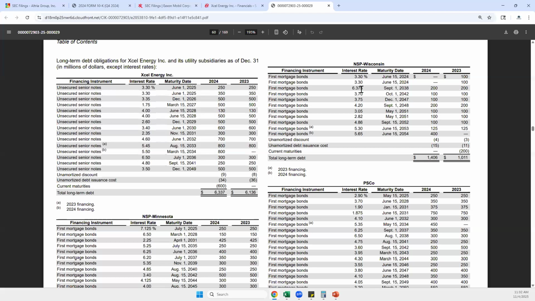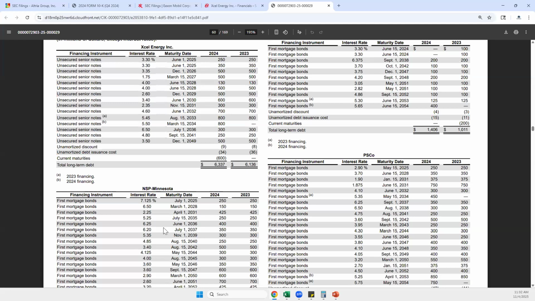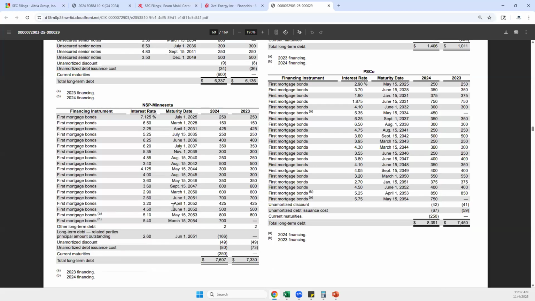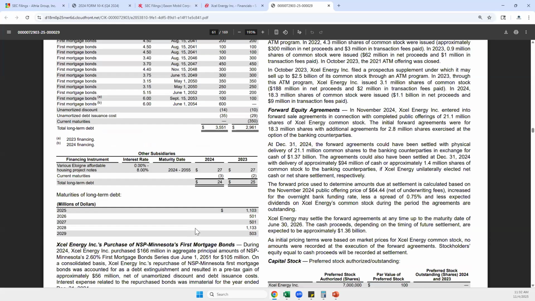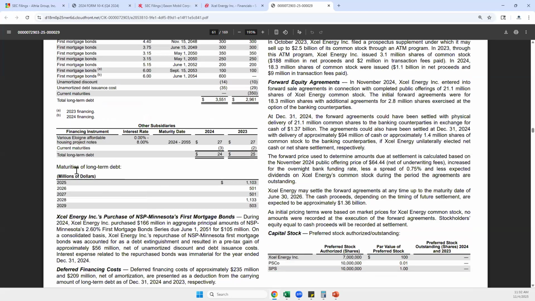And then they have mortgages as well. And they disclose the amounts. And then they also aggregate it here. So the maturities of their long-term debt: $1 billion is due in 2025, and then some due 2026, 2027, 2028, and 2029.